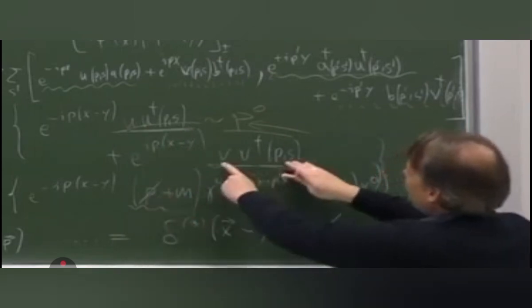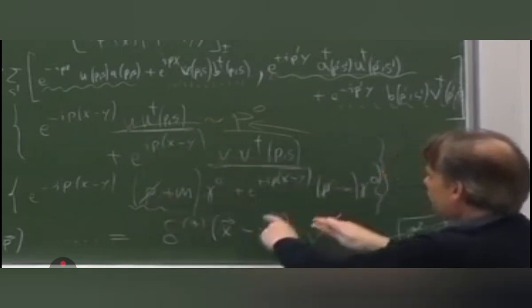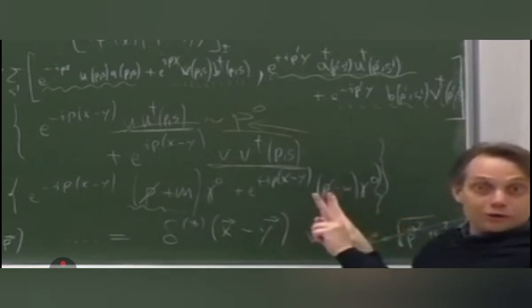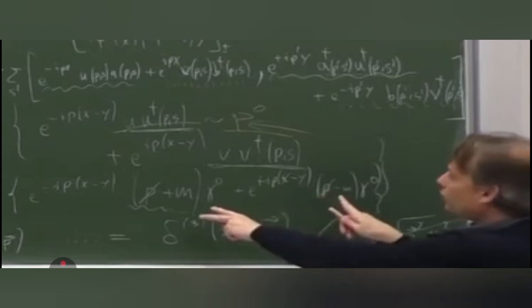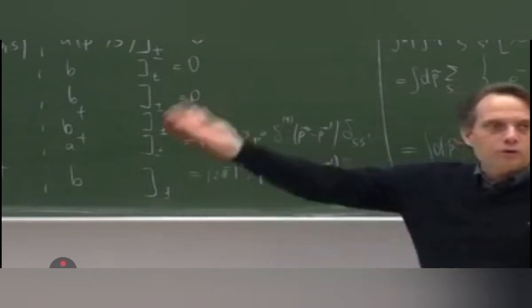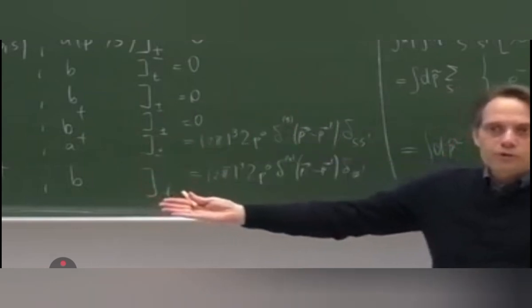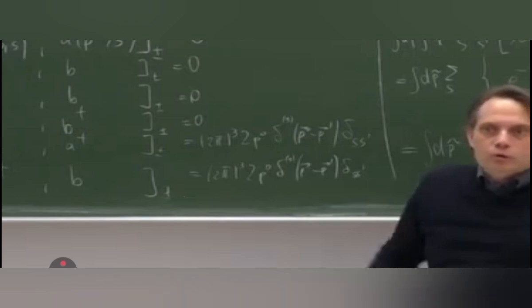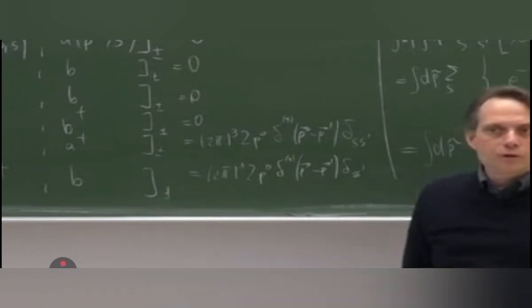In the orange case you get v v dagger, that gives p slash minus m, so again the same sign of P0. So the relative signs of the P0 terms are different in the Dirac case and in the Klein-Gordon case. And this is the technical reason why you need these different commutation relations in the two cases. And that then explains why we have Fermi statistics in one case and Bose statistics in the other case. So it comes down to such technical details of the calculation.